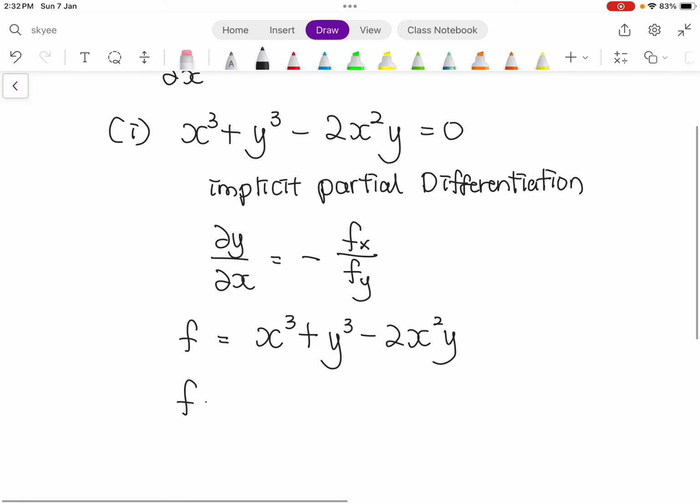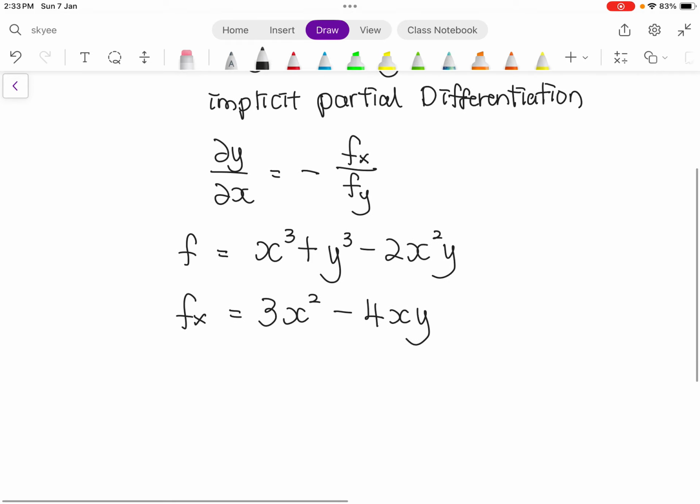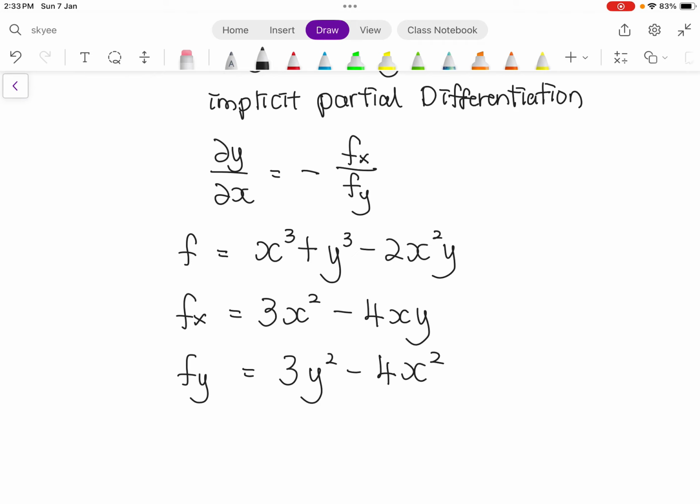Our fx will be 3x squared minus 4xy. Right, so our fy will be 3y squared minus 4x squared.